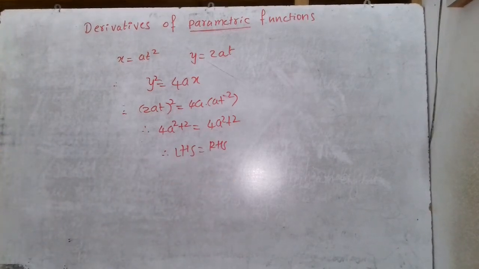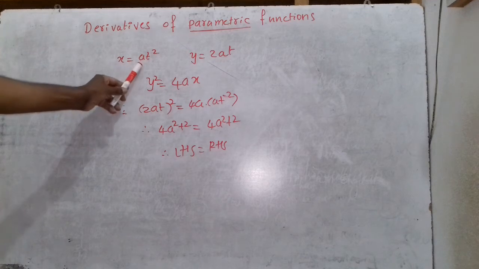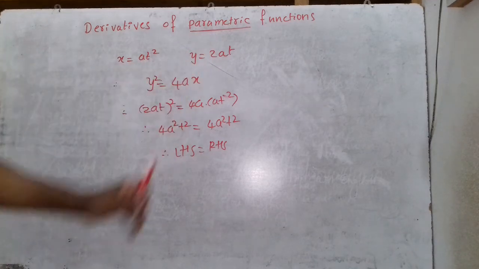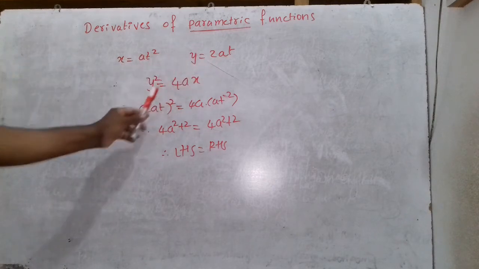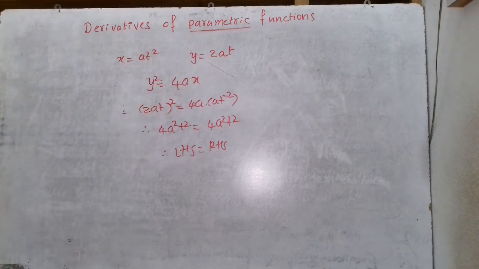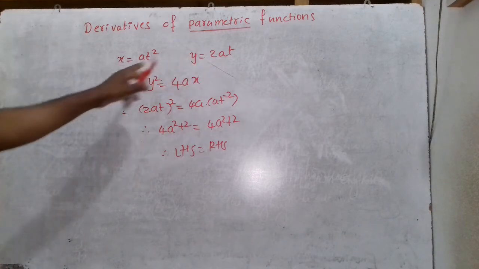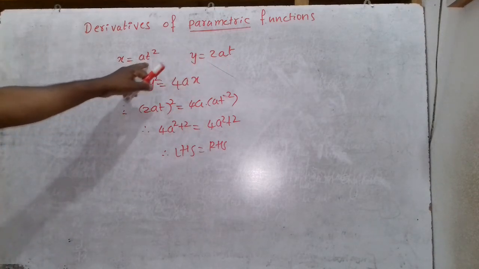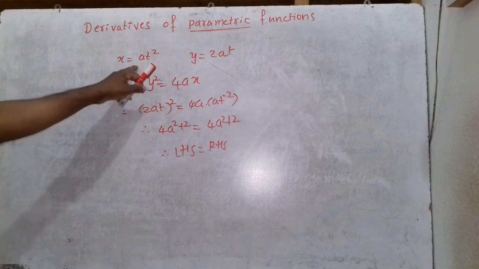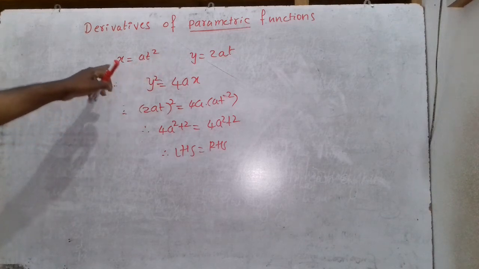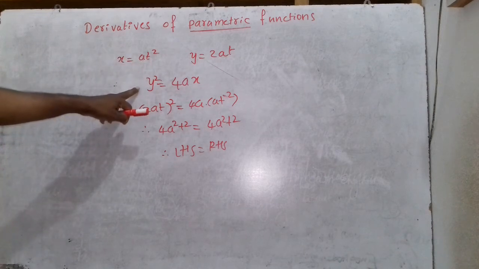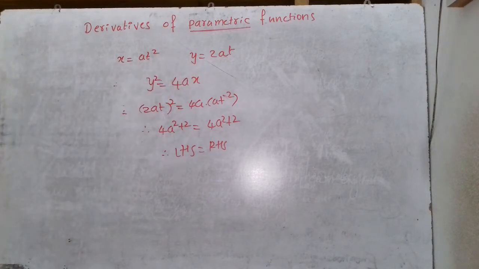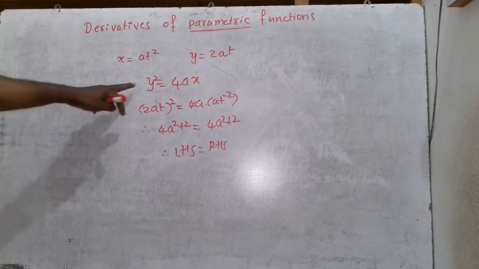So here observe, x equal to a t square and y equal to 2at. These two equations together satisfy the equation of the parabola, and the common variable here is t. That is known as the parameter. Therefore these two are known as the parametric equations of the parabola.